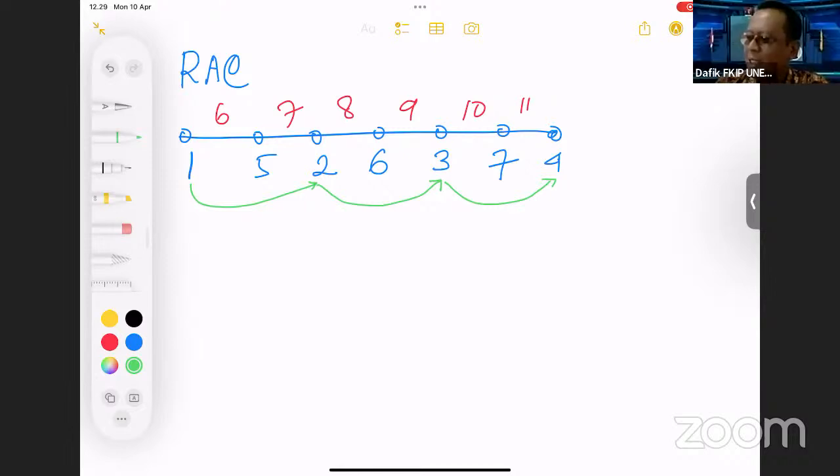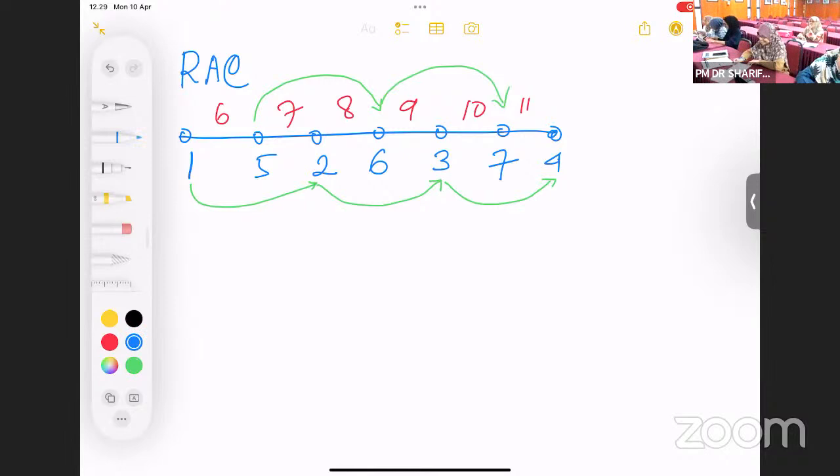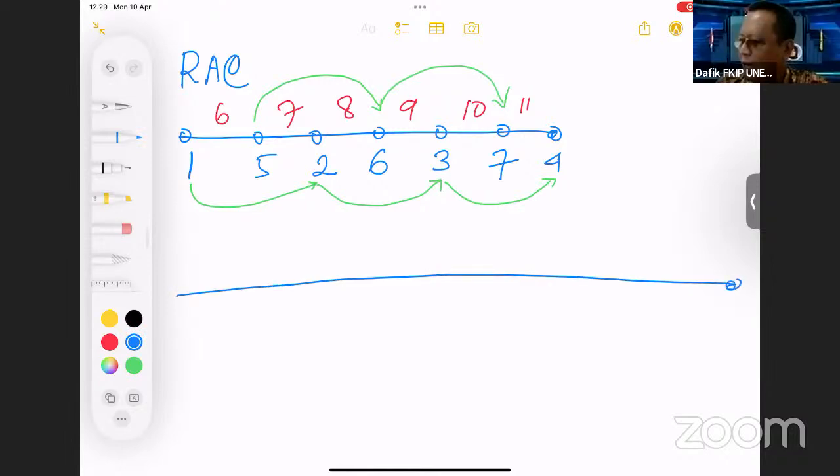Then again, we start with the following vertex of the first vertex, and again jump. So then you can do whatever you like, the order 1, 2, 3, 4, 5, 6, 7, 8, 9, 10, 11, 12, no problem, since you already know the pattern.